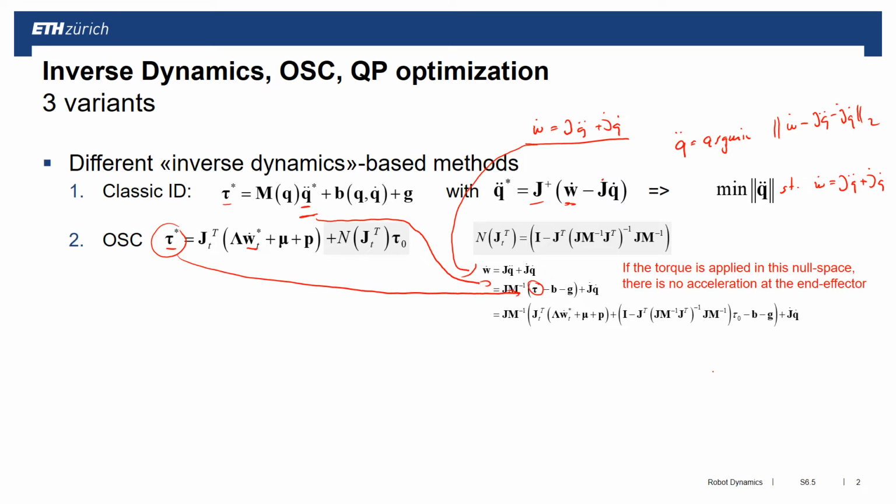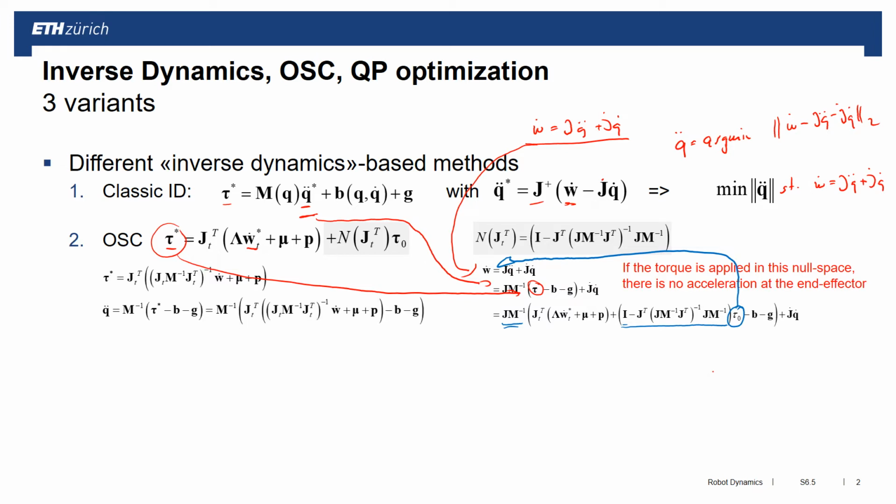As you can see, we have J M minus 1 multiplied with I, and then J transposed, J M minus 1 J transposed minus 1 times J M minus 1. So this part essentially cancels out. That means that tau 0 that I'm adding here has no influence on my w dot. So if the torque is applied in this null space, there is really no acceleration that applies to my end effector.